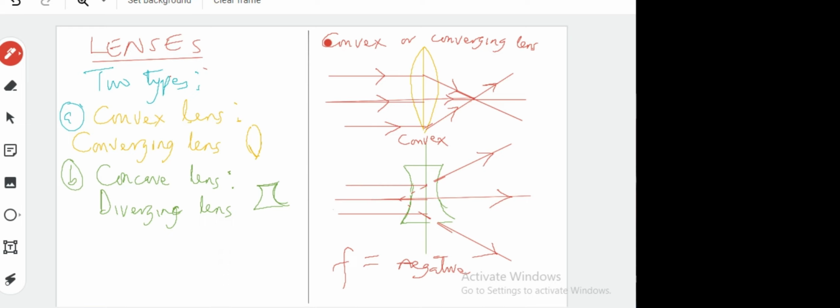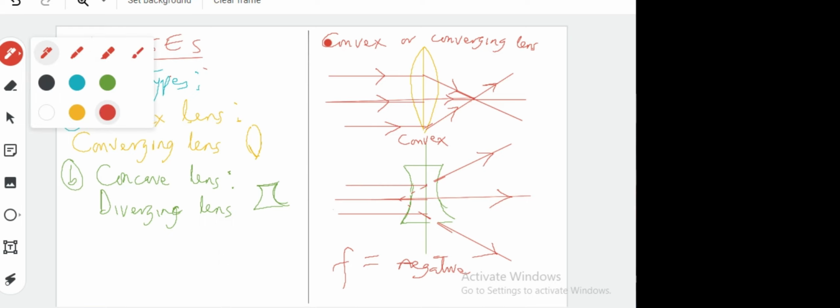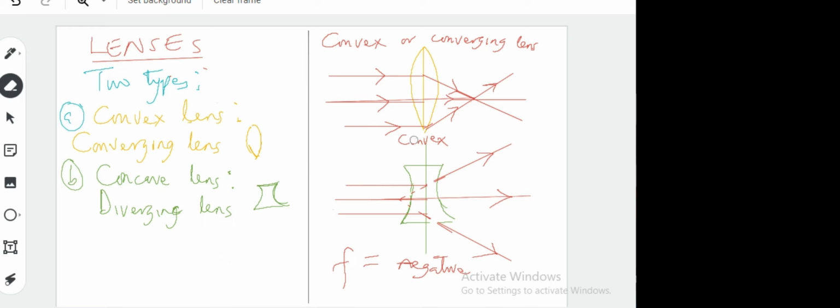All right. For a convex lens, I said. Why am I still writing convex on top of here? For a convex lens, the principal focus or the focal length is positive, or F is positive, because it actually has a real focus.